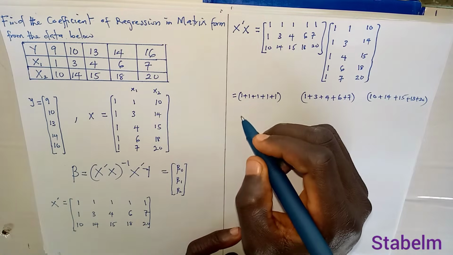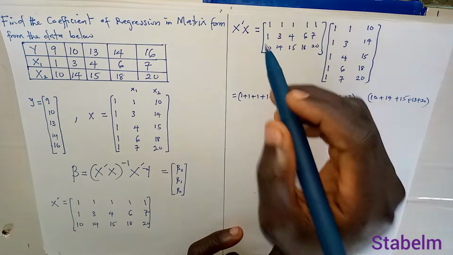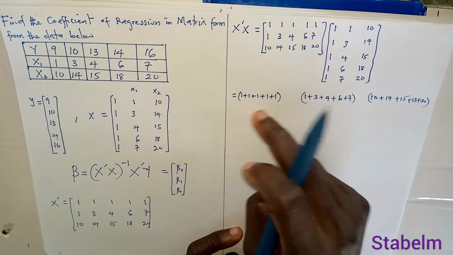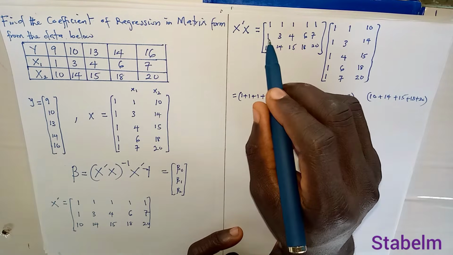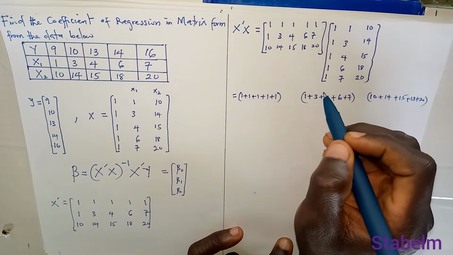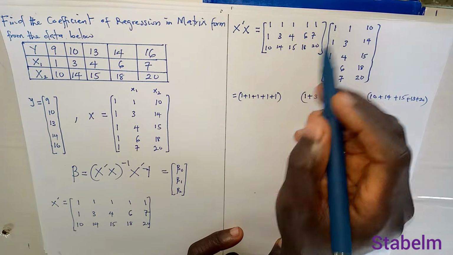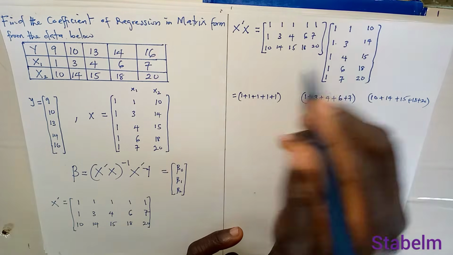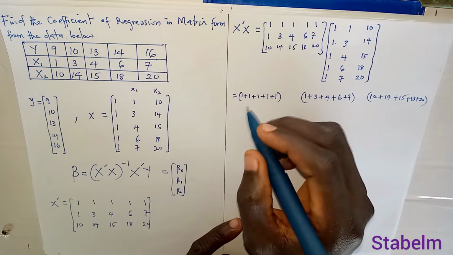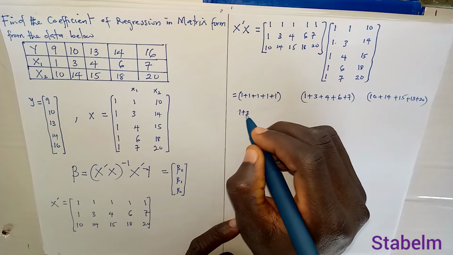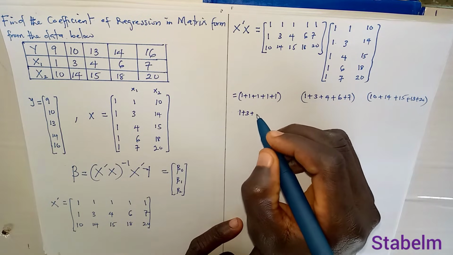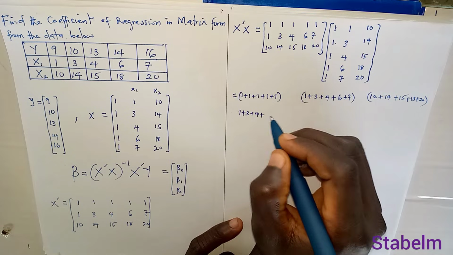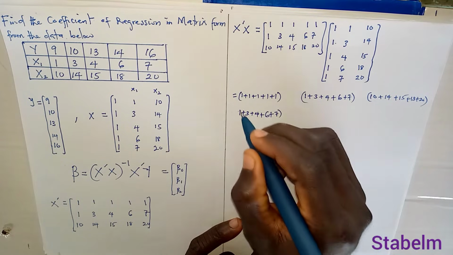Now the second row here, we're going to use this second row to get all the values in this second row. That is, this row multiplied by this column. 1 times 1, 3 times 1, 4 times 1, 6 times 1, 7 times 1, and that will give us 1 plus 3 plus 4 plus 6 plus 7.